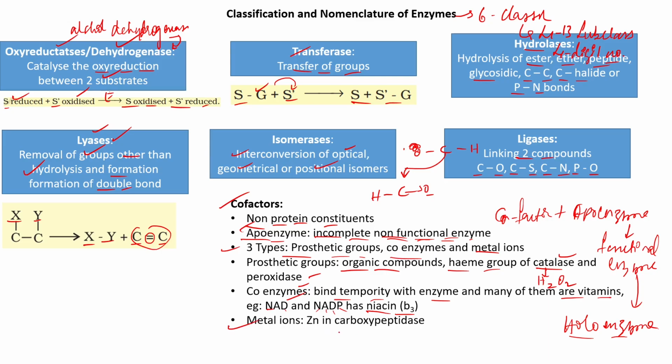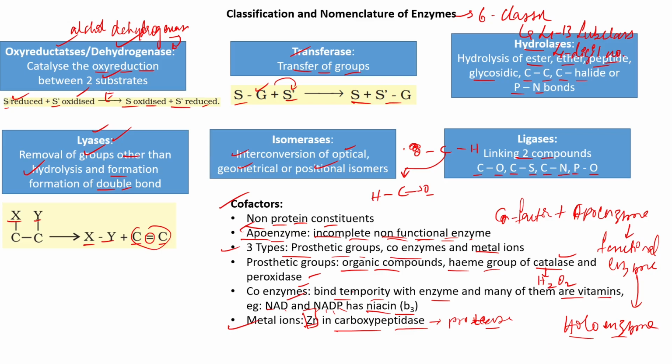For example, carboxypeptidase is actually a protease, remember. A protease is involved in breaking down proteins. Carboxypeptidase requires a metal ion called zinc.